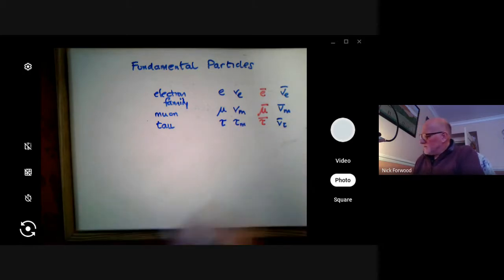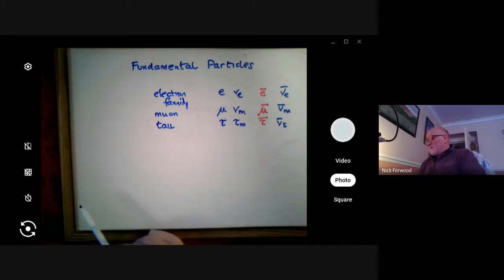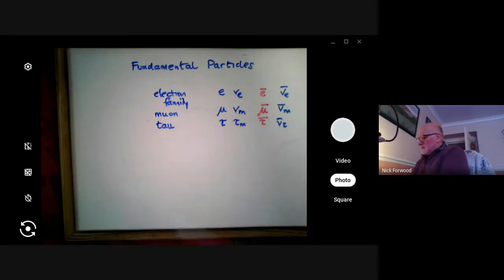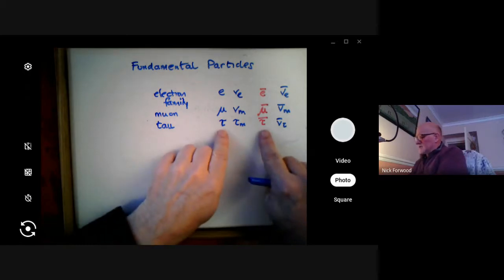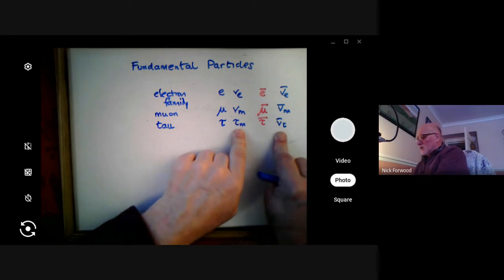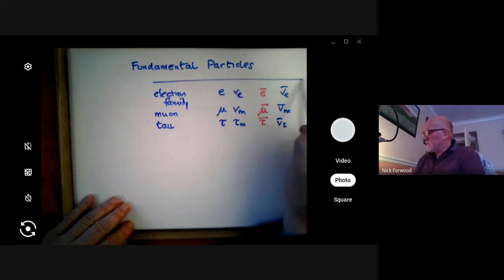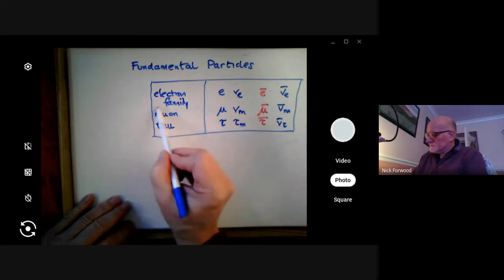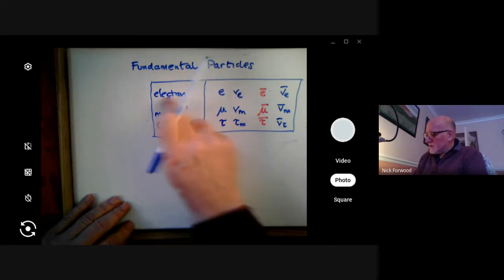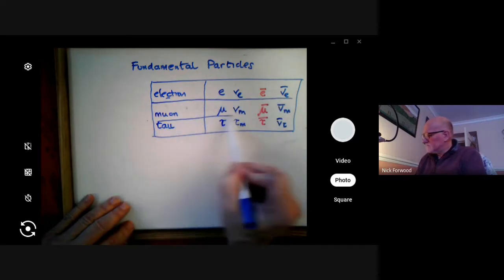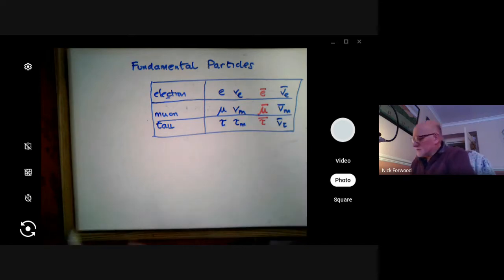So if you add them up, we've now got 12 particles, 6 particles and their antiparticles. There are the particles, there are the antiparticles, and their associated neutrinos and antineutrinos. Now, these are all fundamental particles. And by the end of this, you should really have this table drawn out of these different particles.